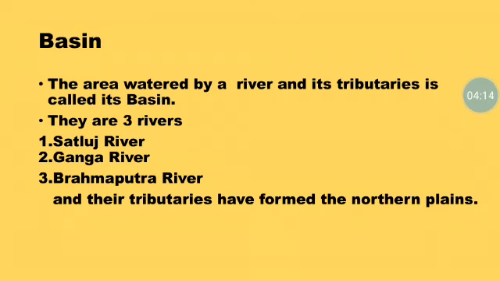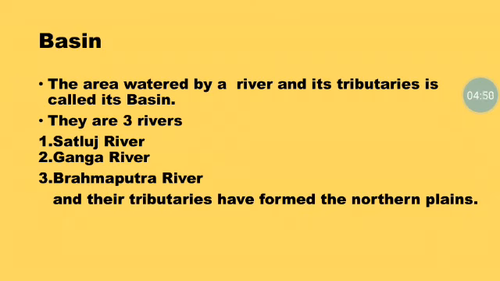Now what are tributaries? A tributary is a stream or a river that flows and joins the main river. For example, Ganga is the main river, and small streams or small rivers come and join river Ganga. Those small streams which come and join Ganga are called tributaries.